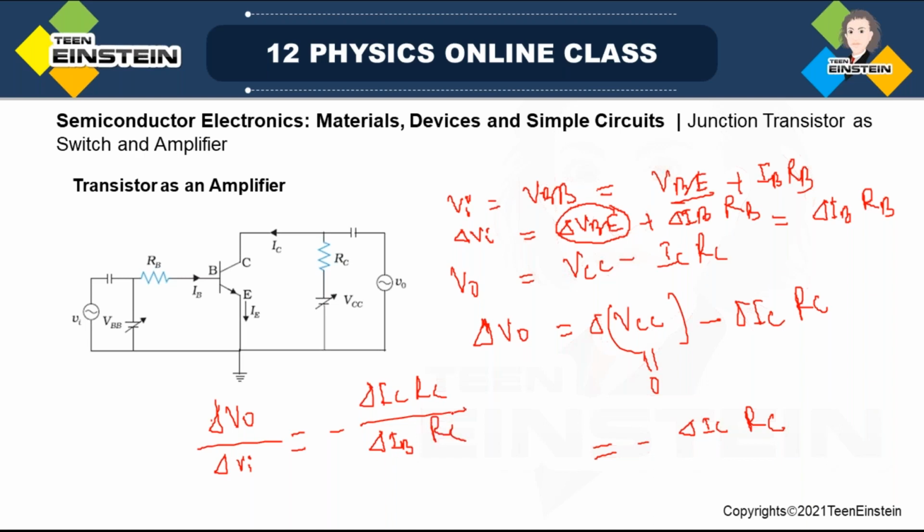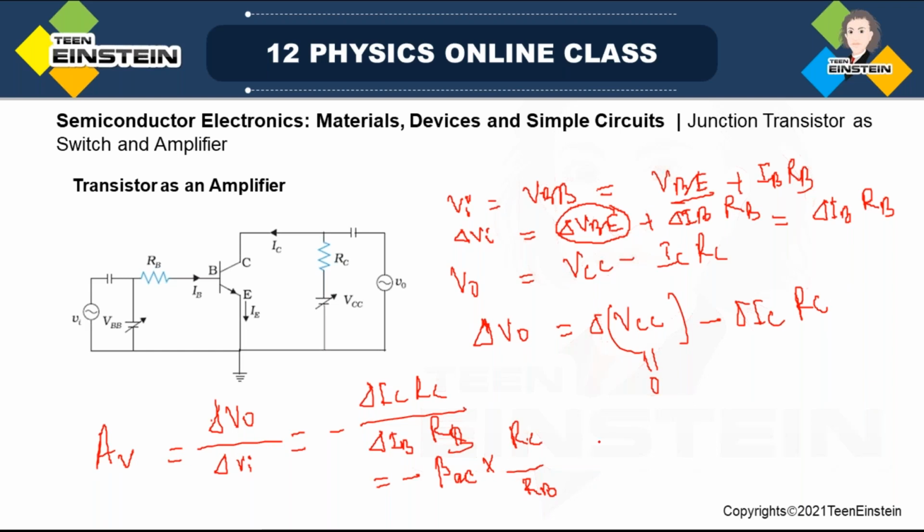See, this delta IC by delta IB is called beta AC, the small signal current gain, into RC by RB. This ratio of output to input is called the voltage gain, or small signal voltage gain, and it is denoted by AV.